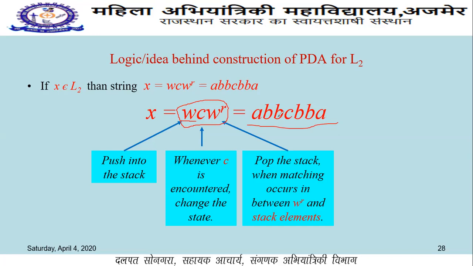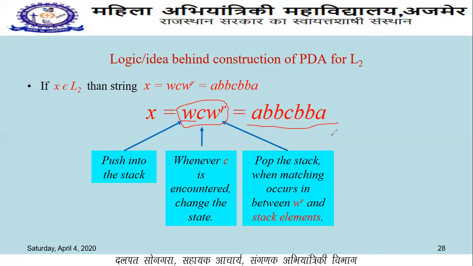Once we encounter C on the input tape of the pushdown automata, we have to change our state. That tells us further that we will read WR, and with WR we have to perform the pop operation.